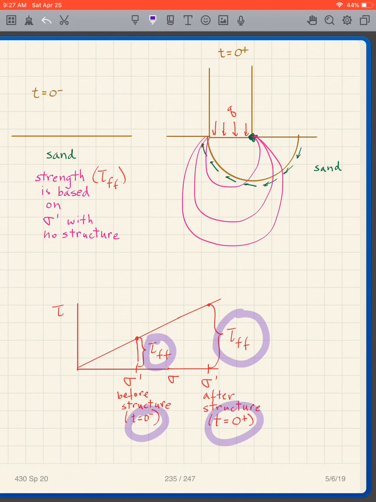The tau ff increases due to the building of the structure. At the same time, the shear stresses also increase due to the building of the structure. So we do two things. One, we increase the strength of our soil, so that's a good thing. But we also increase the shear stresses.